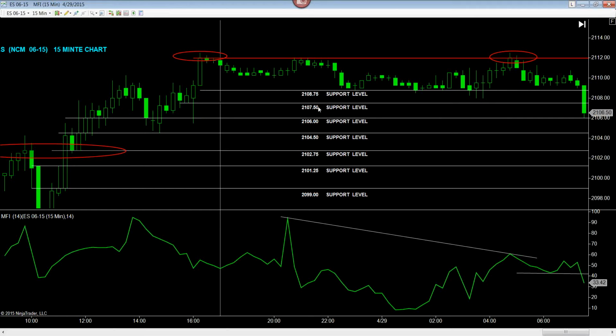They need to get to 2107.50 for an initial target, 2106. Then here, based on this accumulation of data points, these two here, and then 2104.50 is the number, 2102.75 based on these two data points. Below that is 2125, the 50% retracement between the open and the close, and this data point, the union of the two.